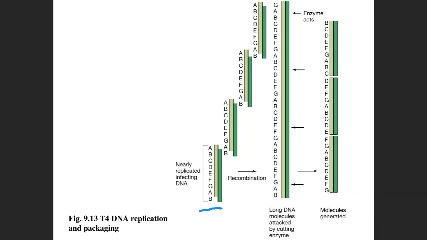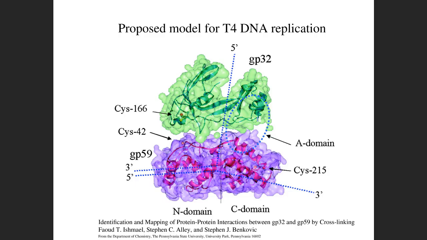They make a long one and they cut it into the uniform size. And the phage DNA polymerase is actually different. This has two proteins. This is T4 DNA polymerase, and the T4 DNA polymerase is very, very fast. Now you understand the speed, right?